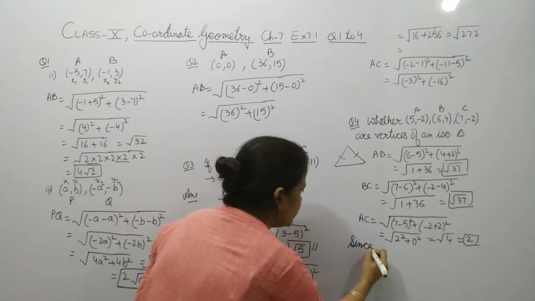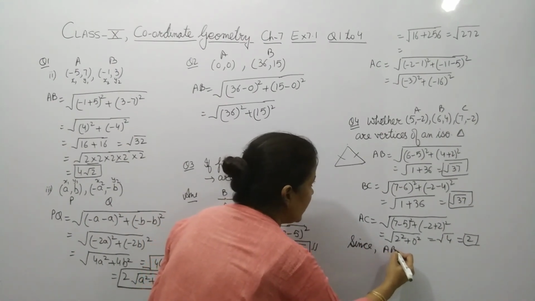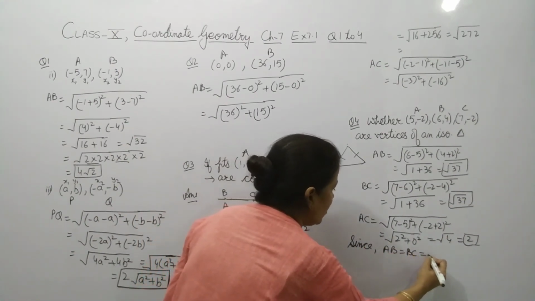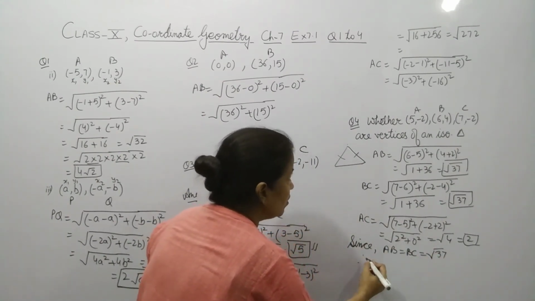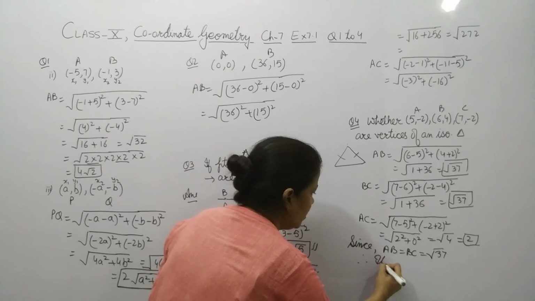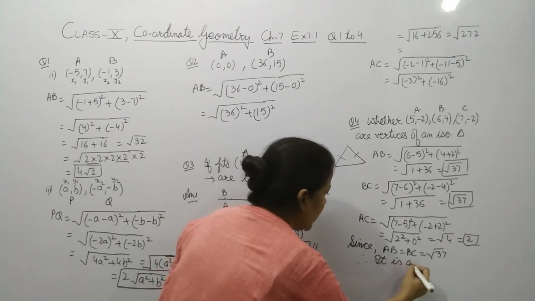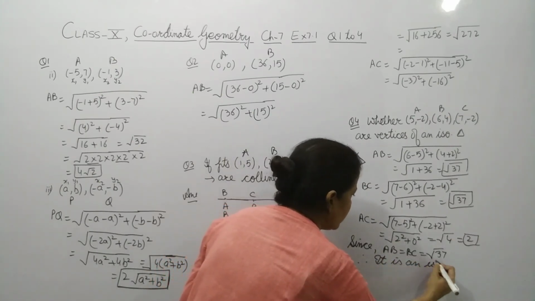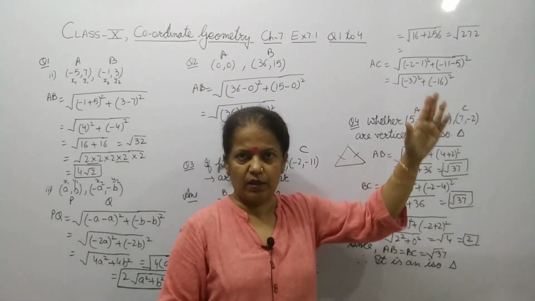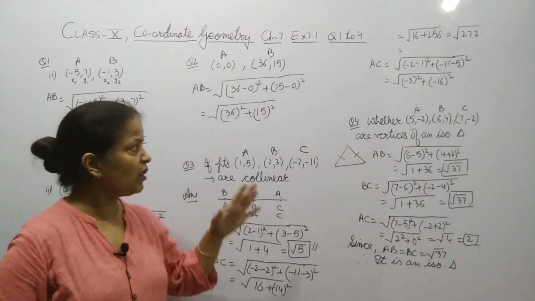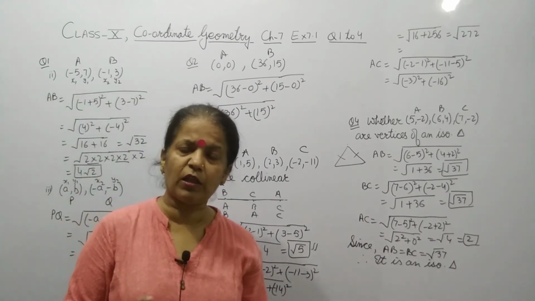Since you will write AB equal BC equal root 37, therefore it is an isosceles triangle having these vertices. Is it clear?